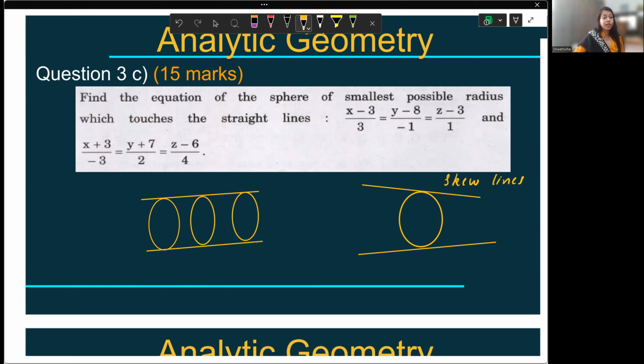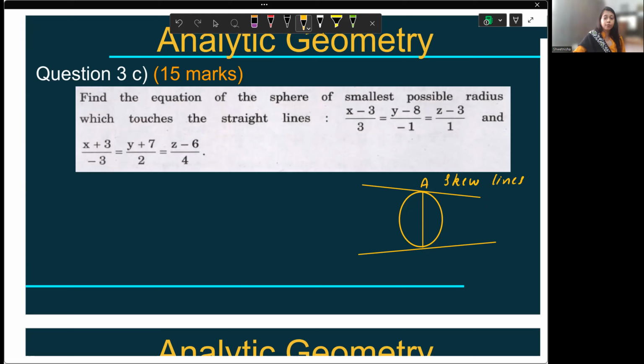Now, I'll prove that they are skew lines later, and if I get that these are skew lines, after that I'll find a line which is perpendicular, which is the shortest distance between the skew lines. We have this topic also in analytic geometry, shortest distance between skew lines, right?